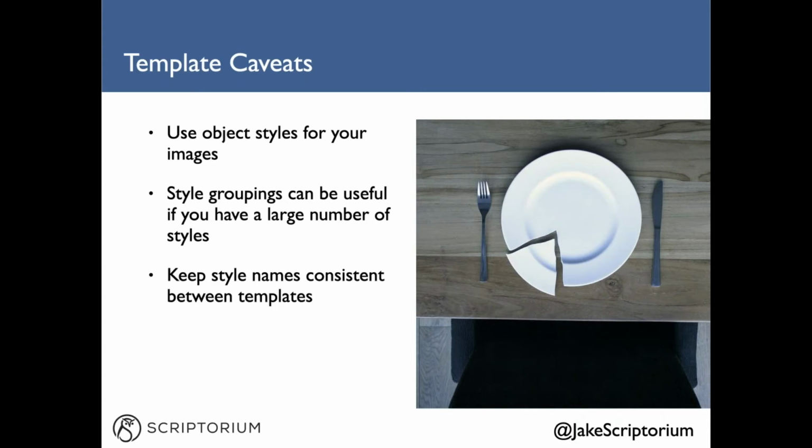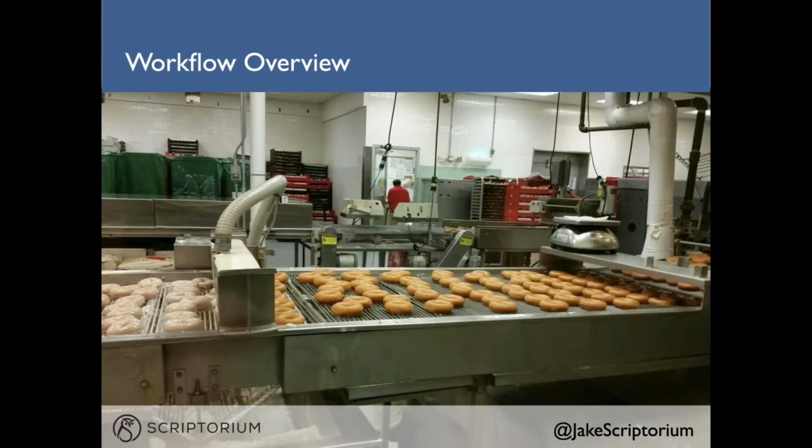So have your body style called body in both of your templates. And the reason you want to do that is because you can actually take your content and put them into either template. And as long as those styles are there, they get applied. And we'll go over that in a little bit as we talk about the workflow overview.